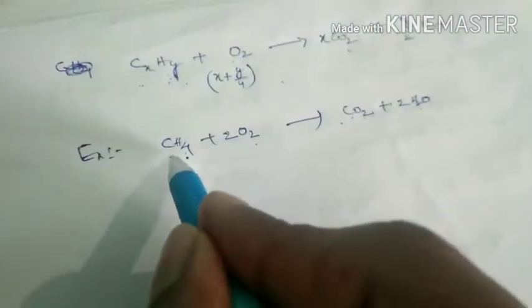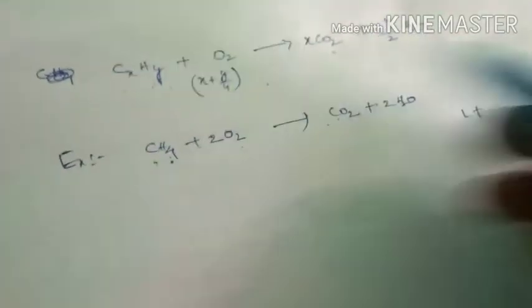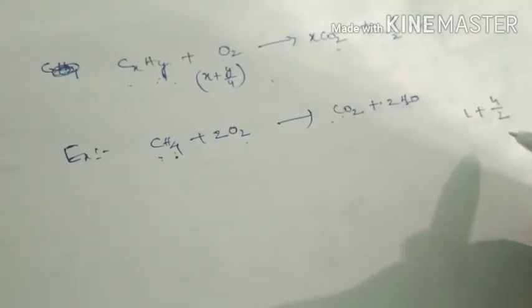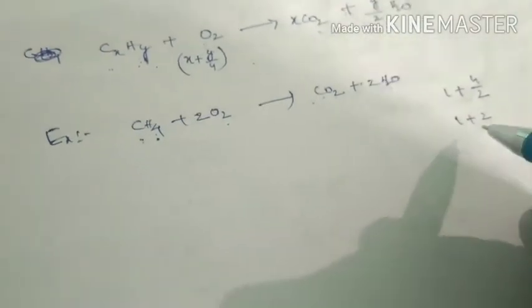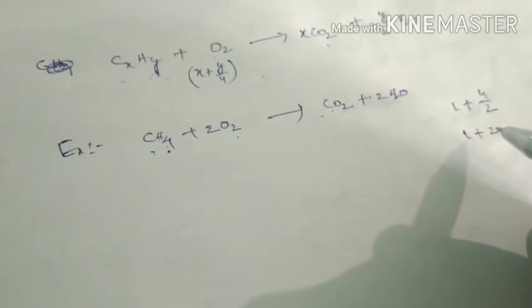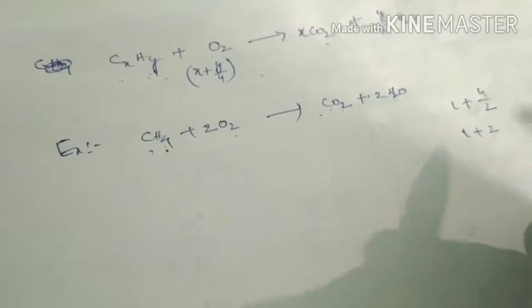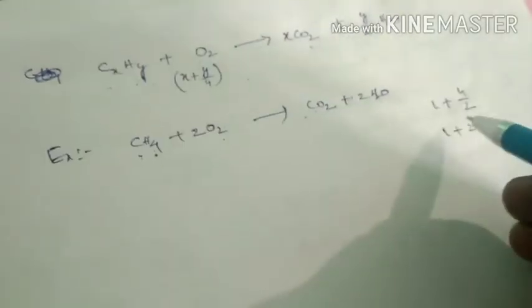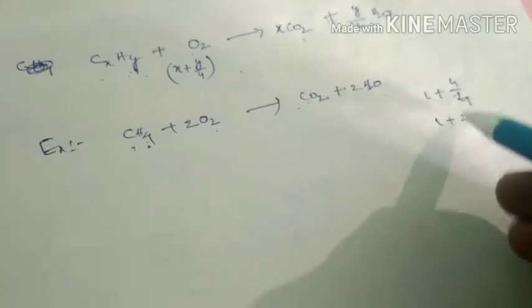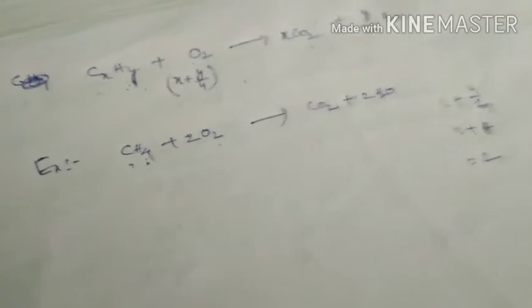Or you can follow the above formula, x plus y by 4. What is the value of x here? 1. So 1 plus y by 4, that is 4 by 4. 1 plus 4 by 4, how much? 1 plus 1, that means finally 2.